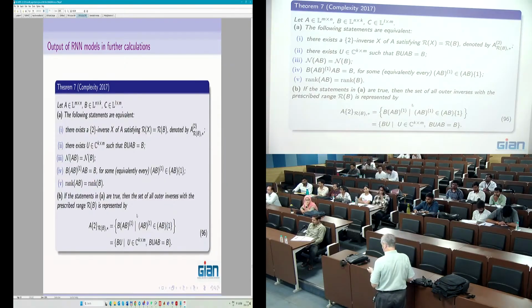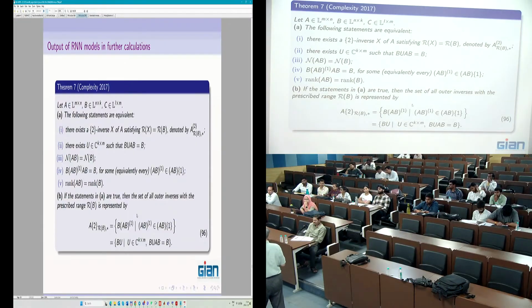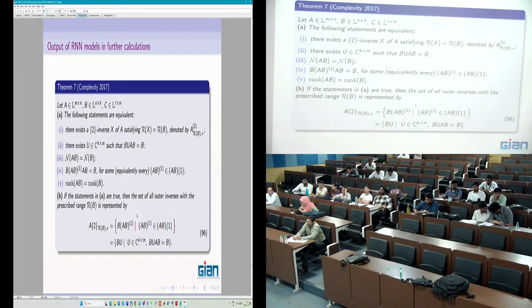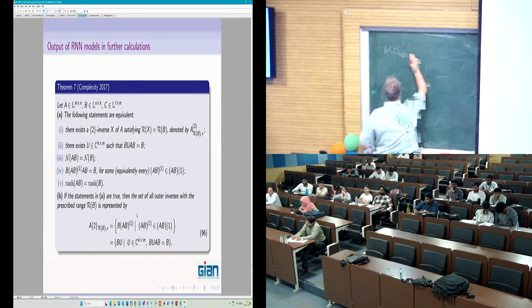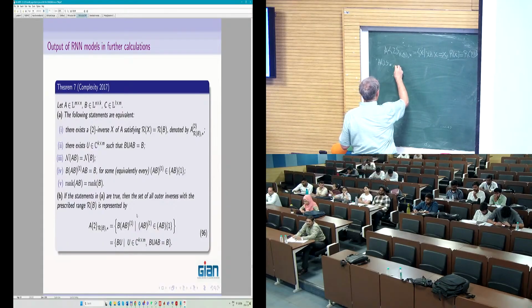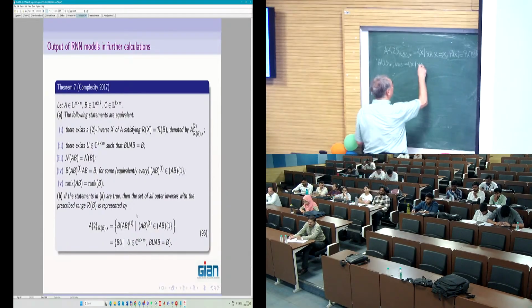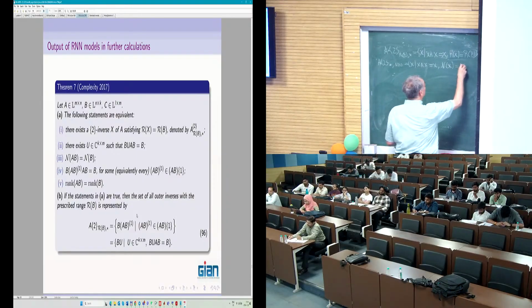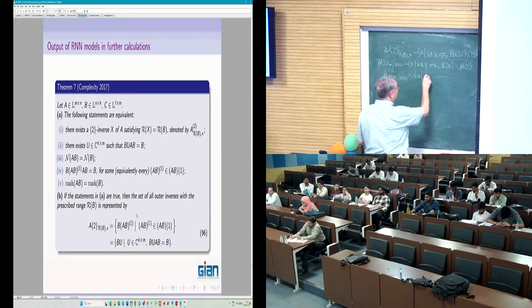You should be familiar with the outer inverse, where the range of X is equal to the image of B with unknown image satisfying Penrose equation 2 and with null space equal to the null space of the outer inverse.